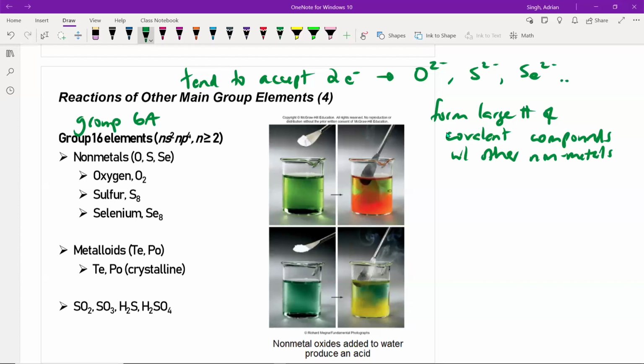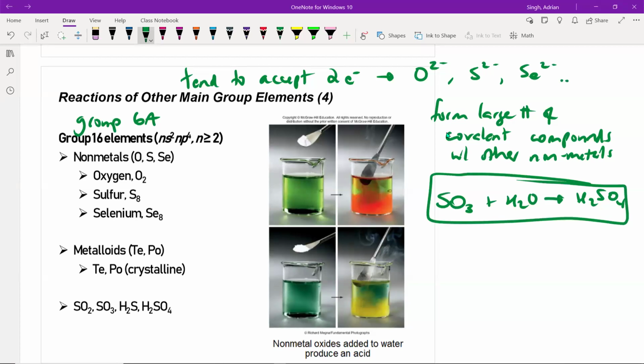And some of these are very, very important compounds that have sulfur, for example, or oxygen in them. And just like in the previous example, some of these can be used to create other materials that are used on a huge scale. So for example, an oxide of sulfur, such as sulfur trioxide, SO3, we can combine it with water. We end up producing an acid, sulfuric acid, which is produced on a commercial scale. It's found in battery acid, for instance.